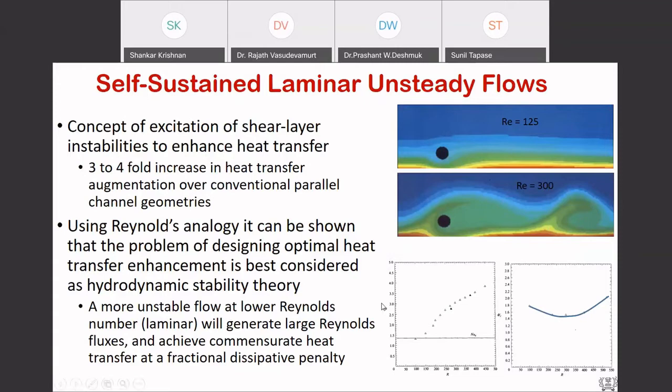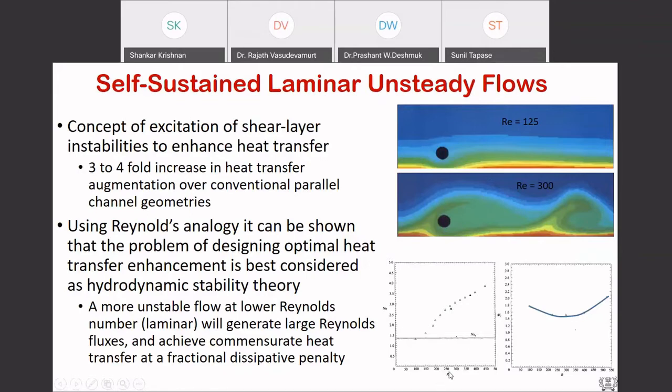They showed this Nusselt number heat transfer enhancement against the Reynolds number. The cylinder in cross flow is called an eddy promoter here. When there was no eddy promoter, the Nusselt number is constant. There is no change.